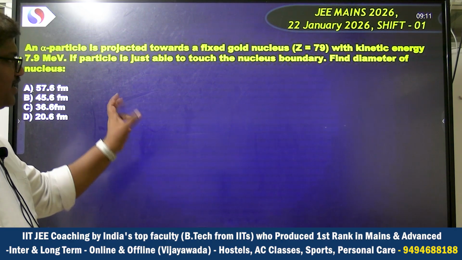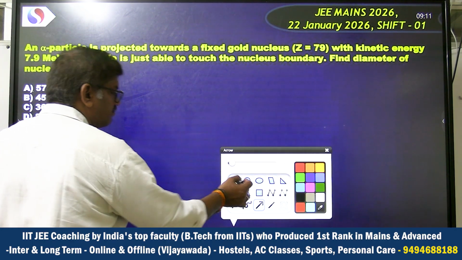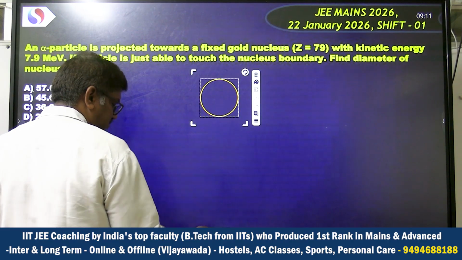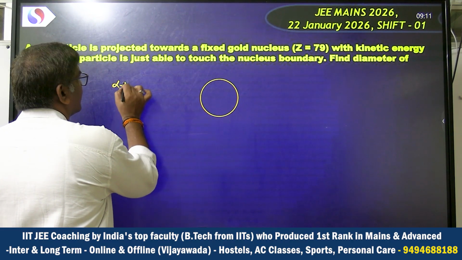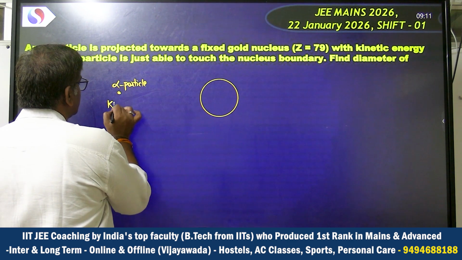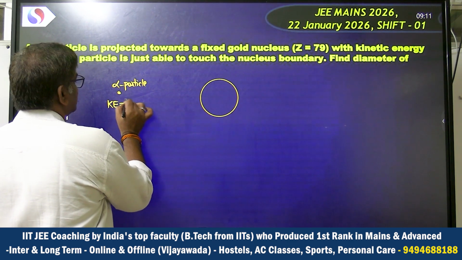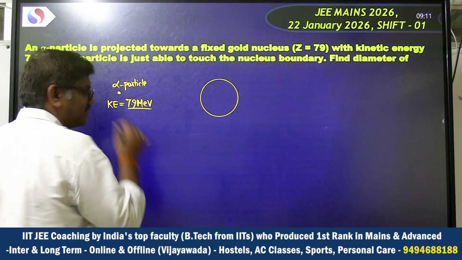Only there are little bit changes. There is a nucleus, and an alpha particle which is being projected. In shift 1, the kinetic energy was given as 7.7, here it is given 7.9.